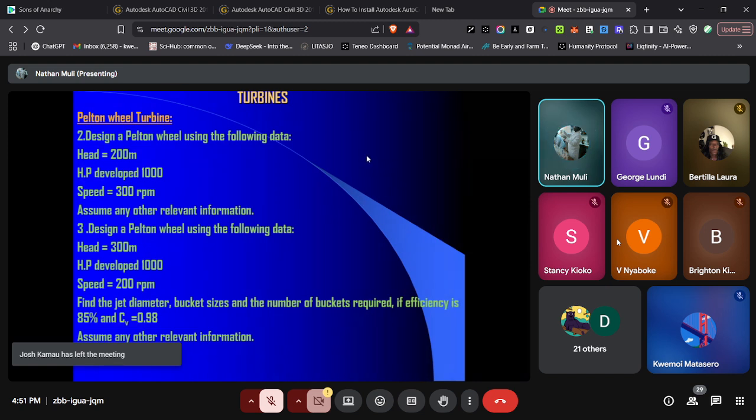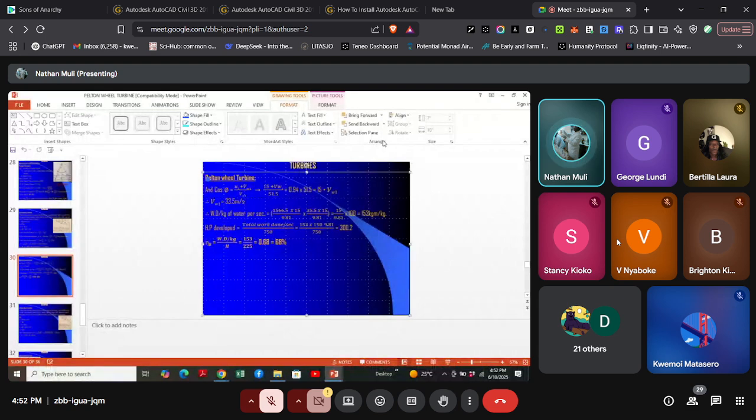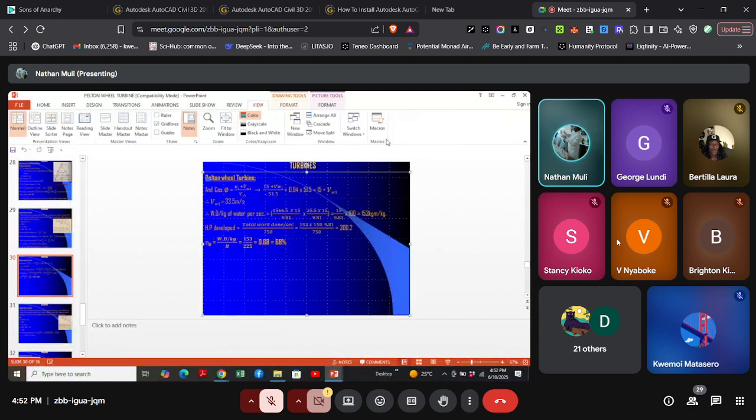Head is 300 meters, horsepower developed 1000, speed is 200 RPM. Find the jet diameter, bucket size, and the number of buckets required if the efficiency is 85% and Cv 0.98. Assume any other relevant information. That marks the end of that.